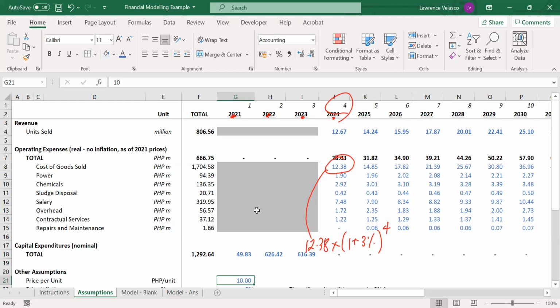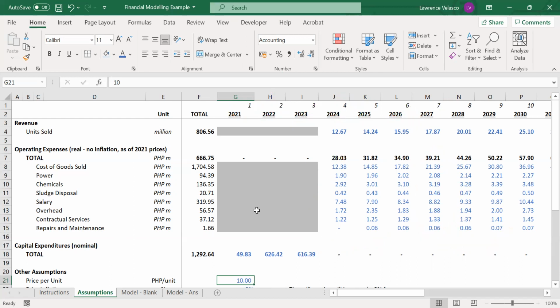Okay? Kunin natin to for example. So this is 12.38, yun ang cost of goods sold, times 1 plus 3%, raised to how many years? 1, 2, 3, 4, 5, 6, 7. So raised to 7. So that's how we compute the prices in nominal amounts. Okay? Let's try to model that in.